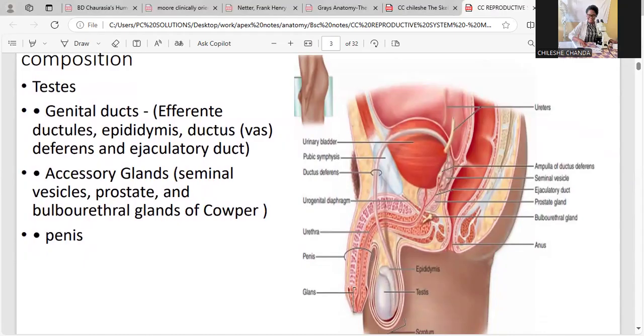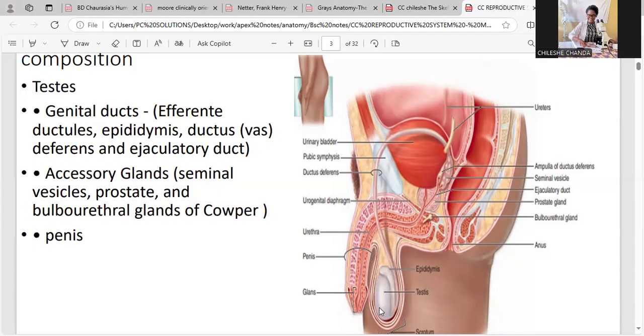So the male reproductive system is composed of the testes, okay? So this is a testis, two of them, testes. It is composed of genital ducts. These are the passages through which sperm pass.